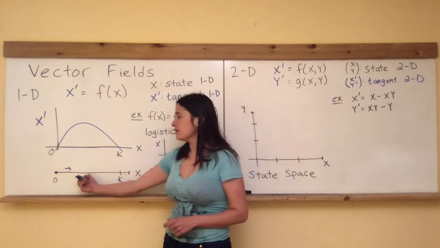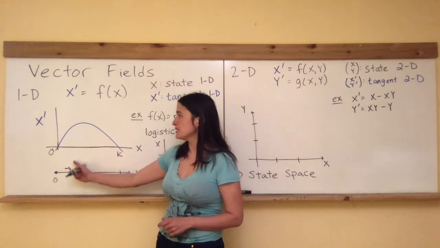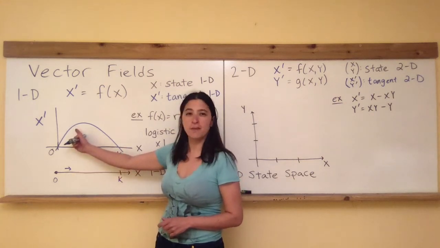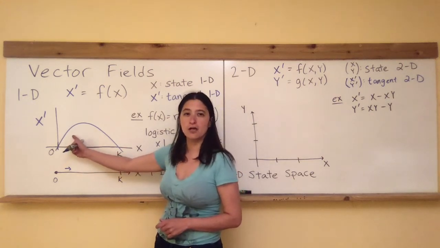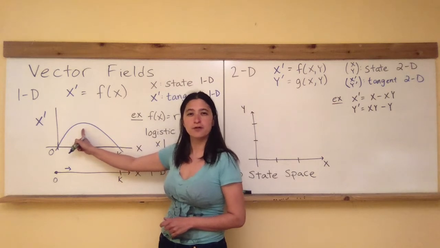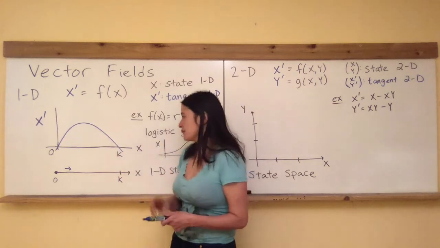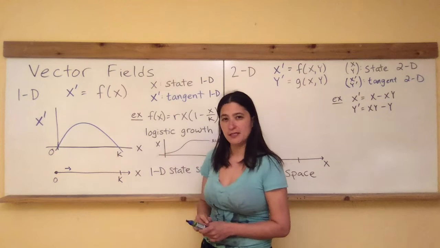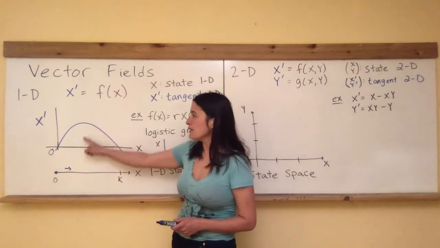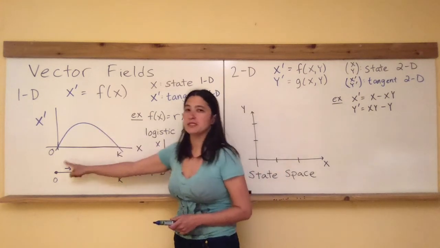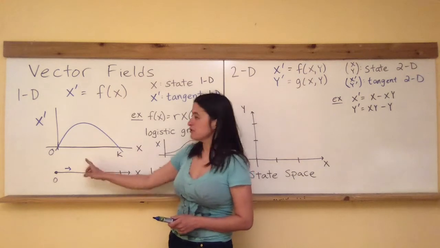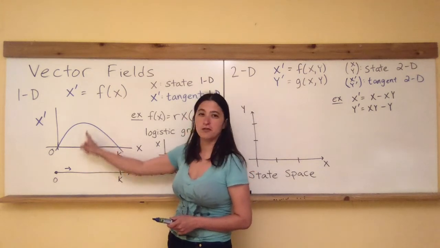Now, as I move along in the state space a little more, you can see that the values of x prime are getting larger and larger as I approach this peak. Coincidentally, the peak in this logistic model will always occur halfway between 0 and the carrying capacity. So this peak really occurs right at k over 2.